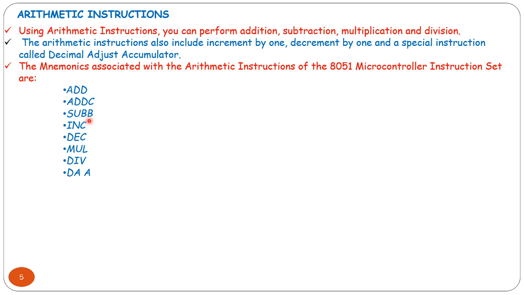SUBB, subtract with borrow, source and destination. INC, increment destination by 1. DEC, decrement destination by 1. Multiplication: the two operands get multiplied using the MUL instruction. DIV means division instruction, and DAA, decimal adjust accumulator. So these are the mnemonics used in arithmetic instructions.